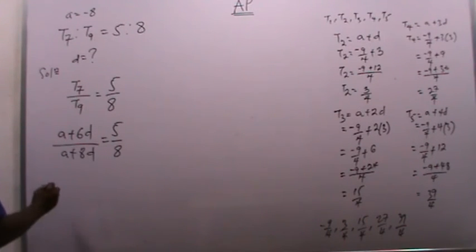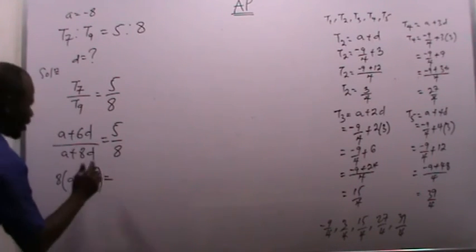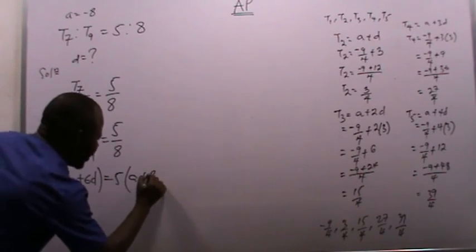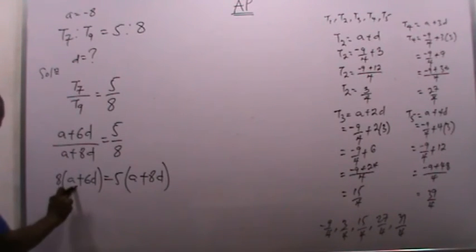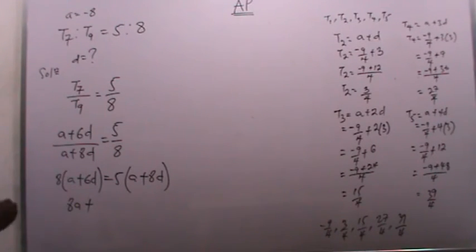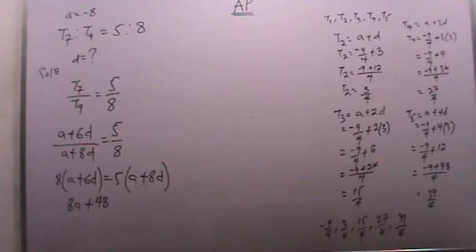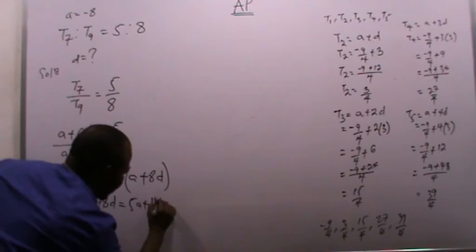We're going to have 8 bracket A plus 6D equals 5 bracket A plus 8D. 8 times A, 8A. 8 times 6 will give me 48D, equals 5A, then 5 times 8 will give me 40D.